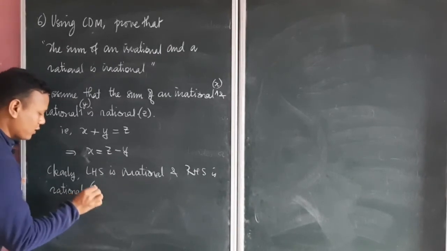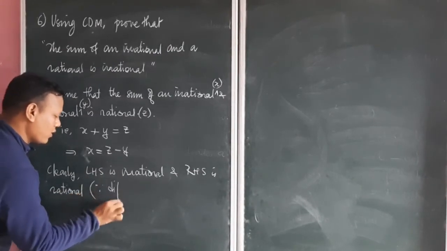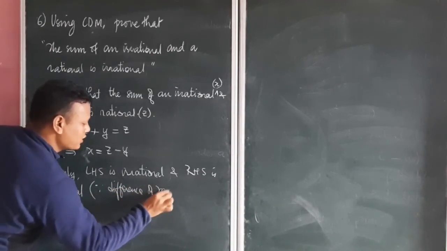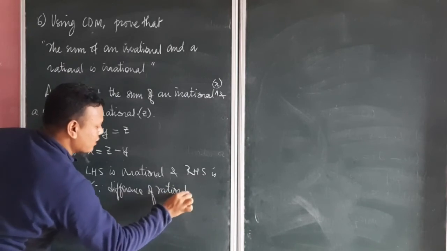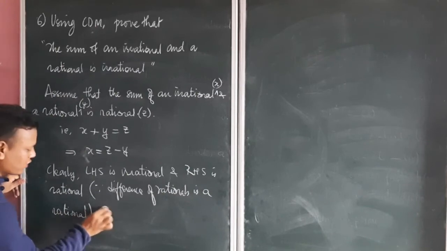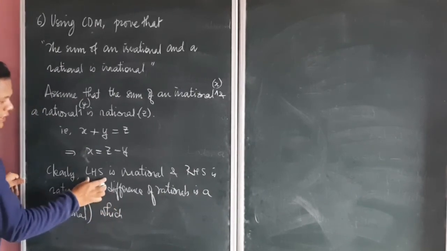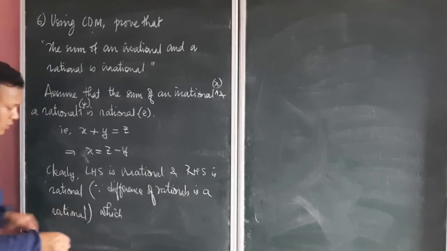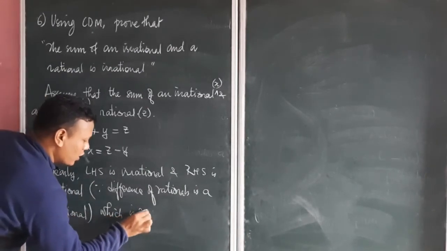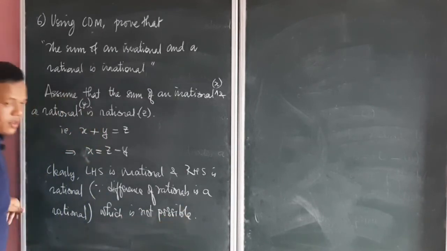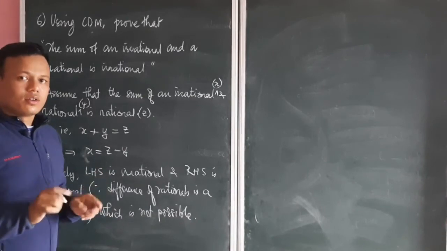That's what you have to write. Since the difference of rationals is a rational number. Alright, so which is not possible, right? So left hand side and right hand side are not the same, so this is not possible, right? So hence we arrived at the contradiction.